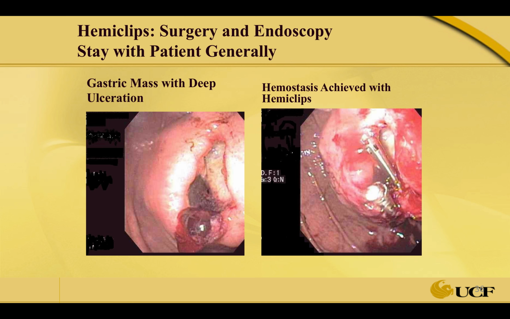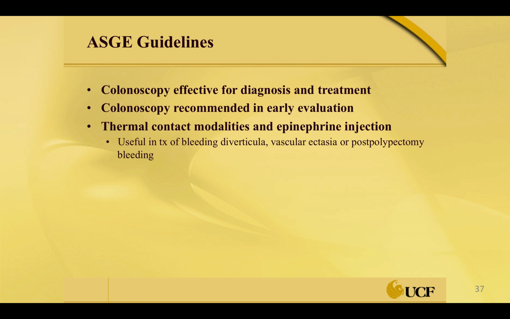And you see the probe there deploying the clips like staples. They're basically a mechanical obstruction of the gastric mass, or if it's a bleeding polyp, or a protruding varicose vessel.